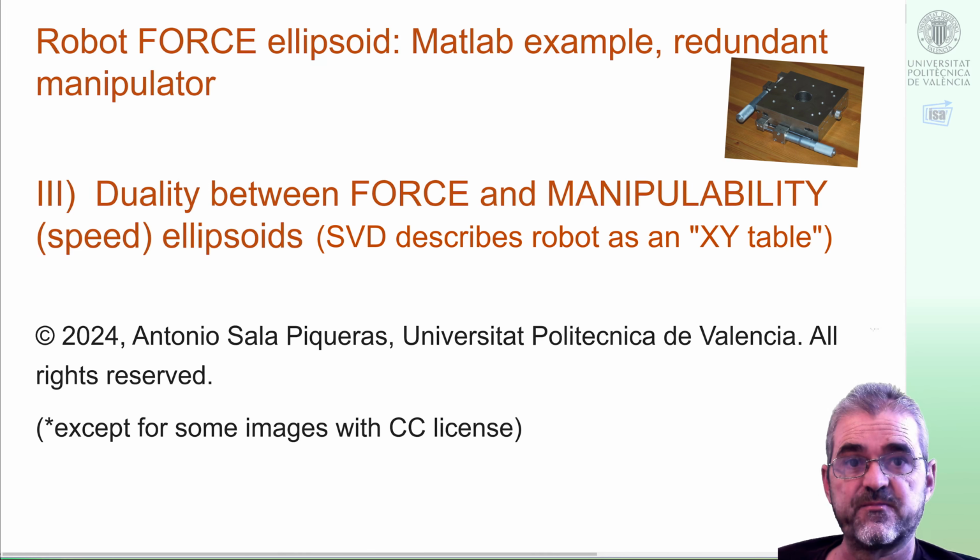We also discussed the force ellipsoid and effective forces that could be counteracted with some torque limits in my joint actuators. And in here we'll discuss the duality between force and manipulability speed ellipsoids as a generalization of a well-known issue in levers or gears with 1 degree of freedom.